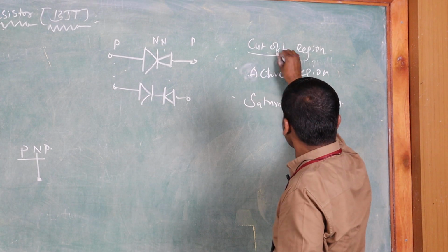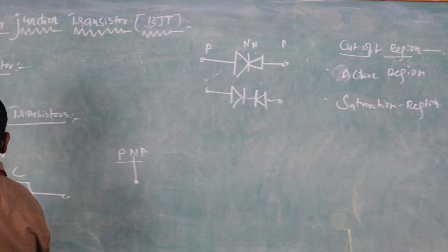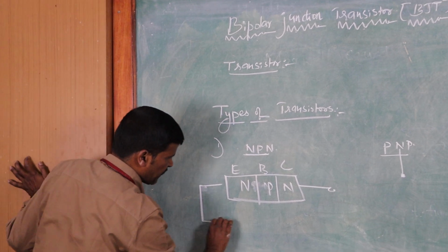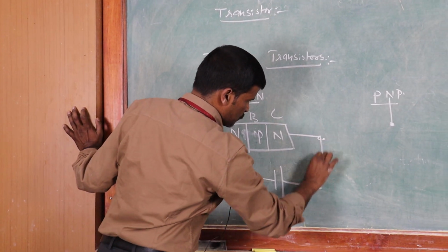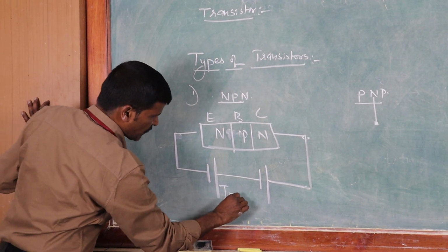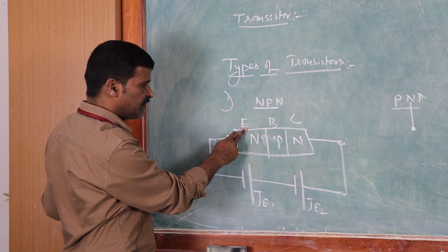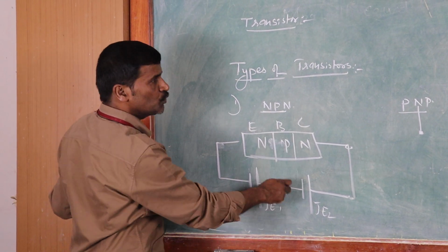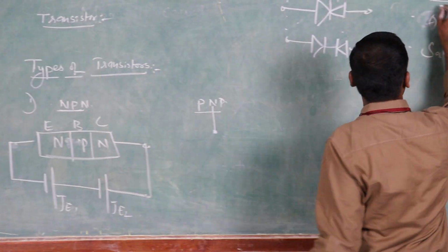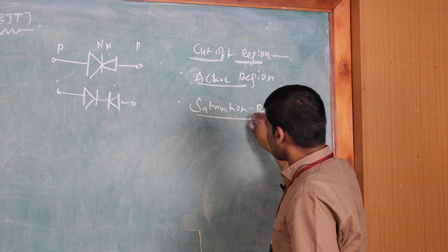The transistor has two junctions, say JE1 and JE2. So it is a three-terminal semiconductor device with emitter, base, collector, and two junctions JE1 and JE2.